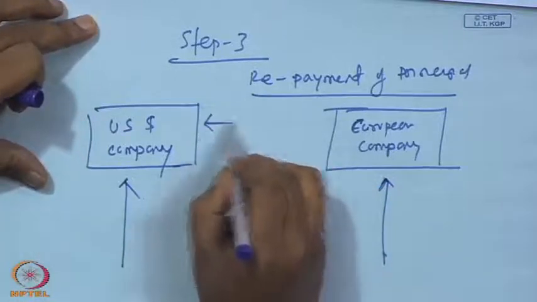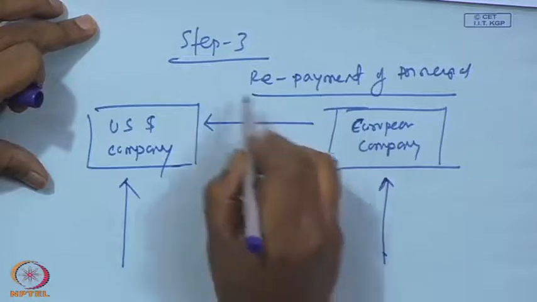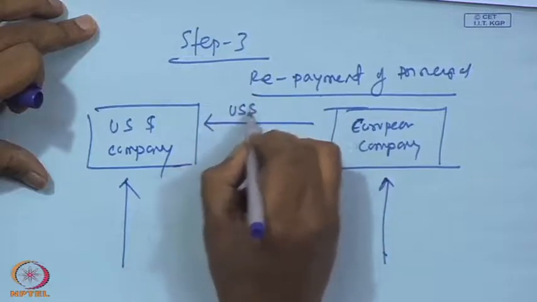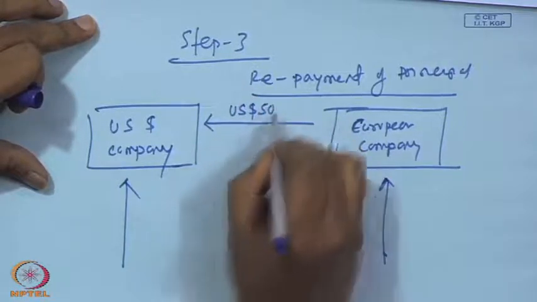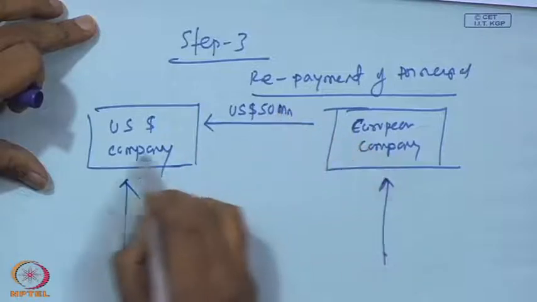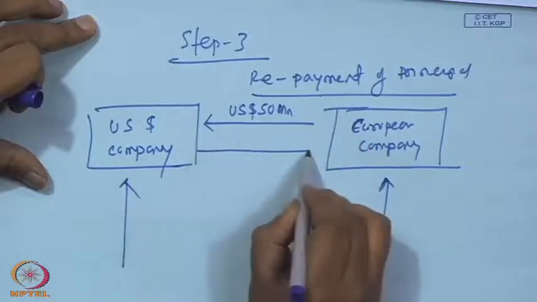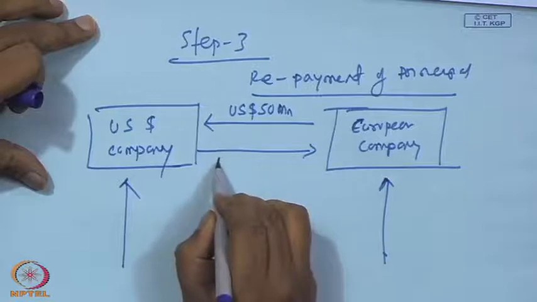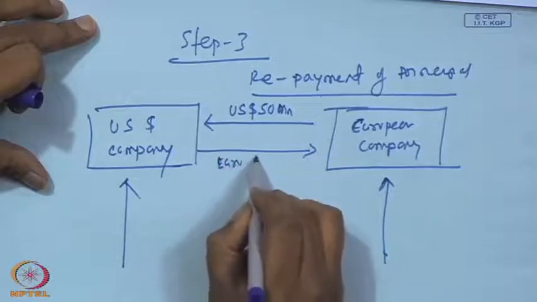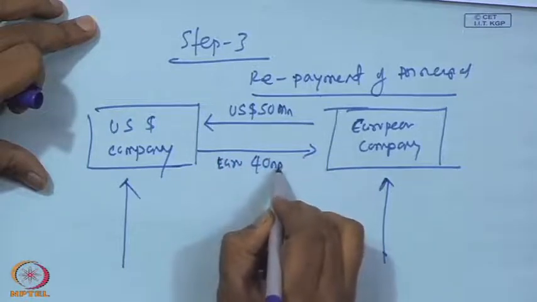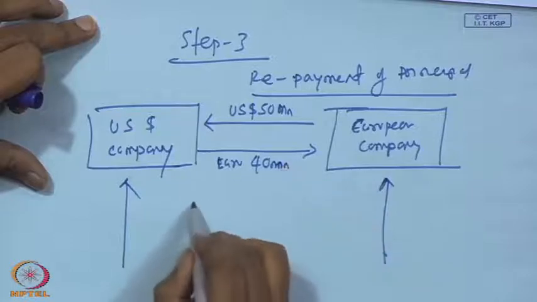In the principal transaction, the European company will repay US dollar 50 million, and the US company will repay euro 40 million, at the spot rate.